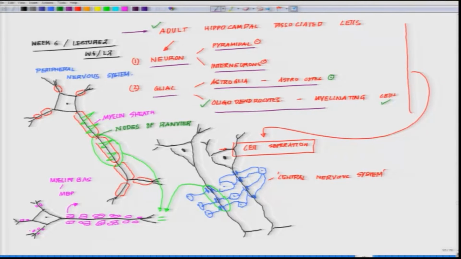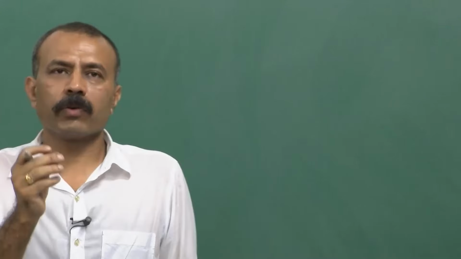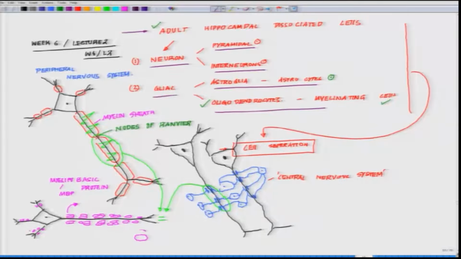And it is this myelin protein, secreted by these cells, which forms the myelin sheath around them, and most of these cells lose part of their identity. So, the fate of these cells is like this: initially they are like this and eventually they become something like this.